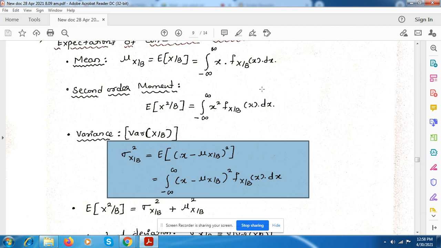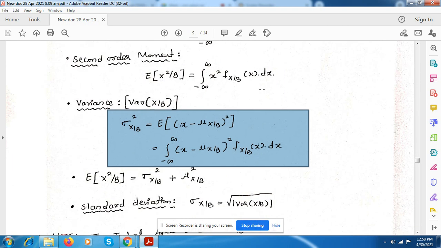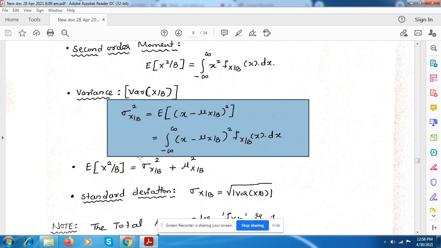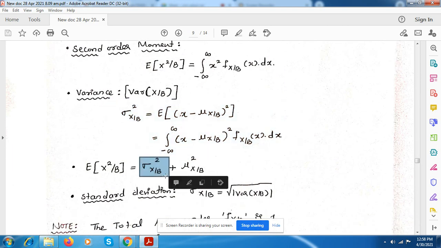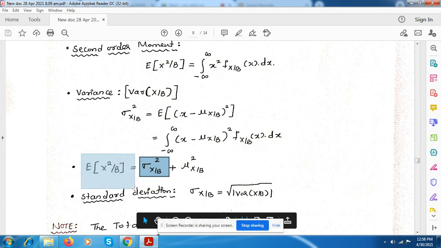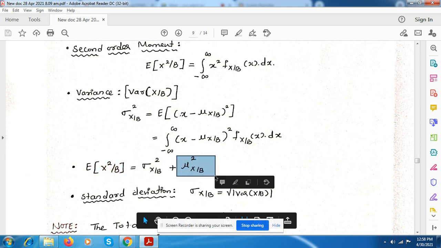The variance can also be written as E of x square by b, minus this mu square value. This is the conditioned variance value.